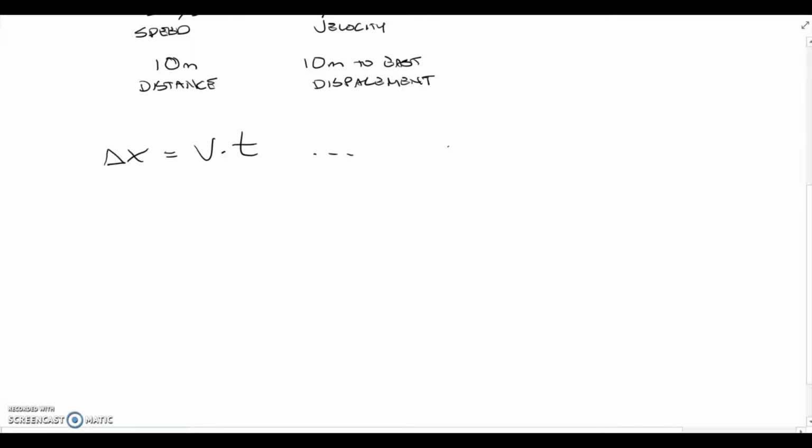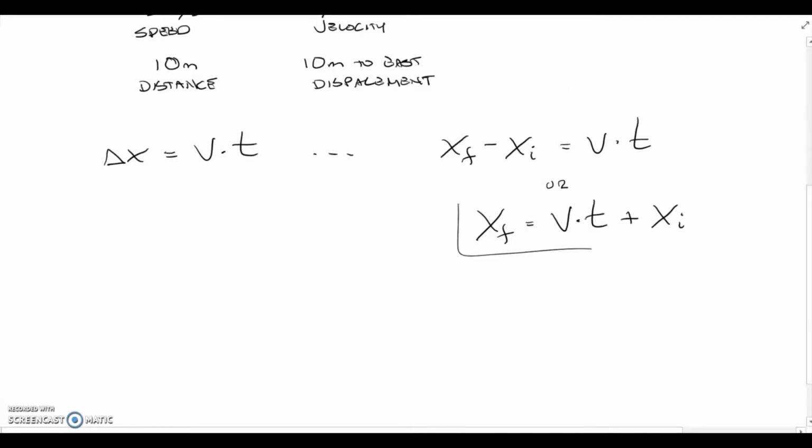Sometimes I start at a position and I finish at a position. Well, delta x is just a change in position. And so that equation becomes that. Or I can rearrange and find that where I'm located later, my final position is my velocity times time plus where I started, right? So this is my one equation that we typically use to solve problems, right?